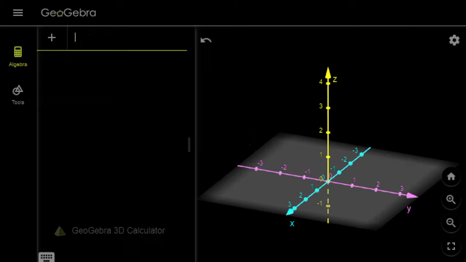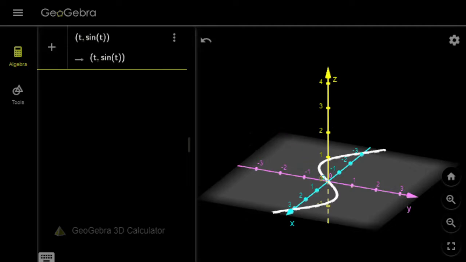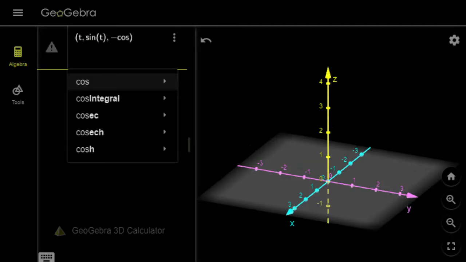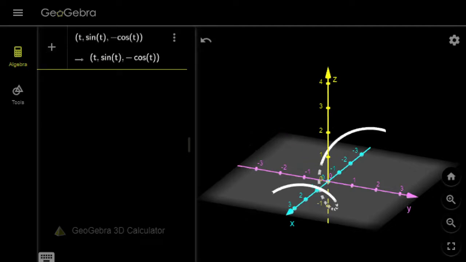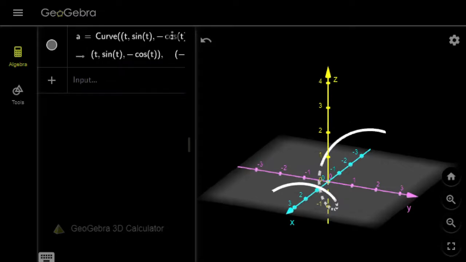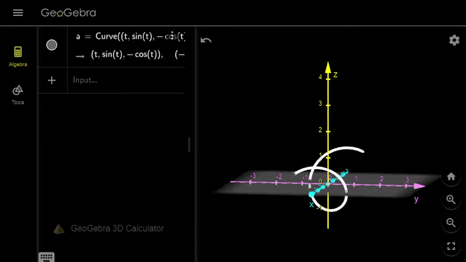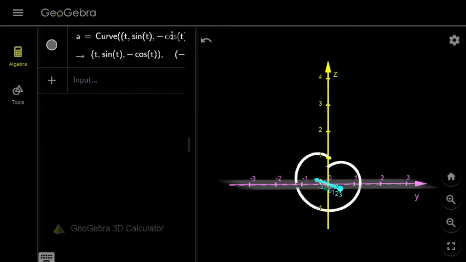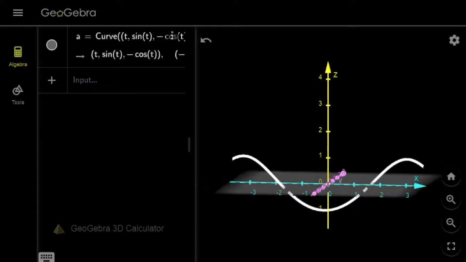And we can try to graph. The first one was t, sine of t, negative cosine of t. And that gives us this curve here. If we rotate around, we can see that it's kind of corkscrewing about the x-axis.